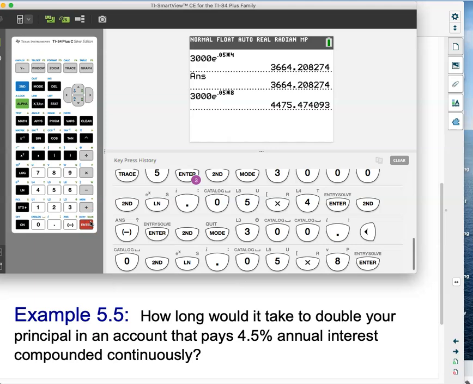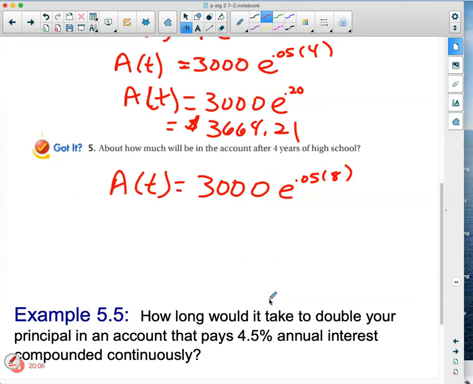So $4,475.47. There it is. So if you leave it, you make a considerable amount of money just leaving that in there.